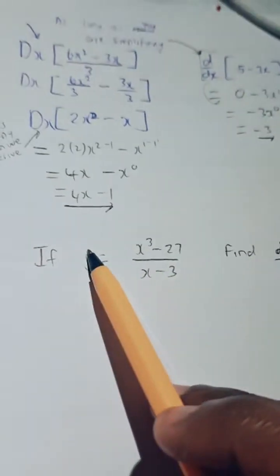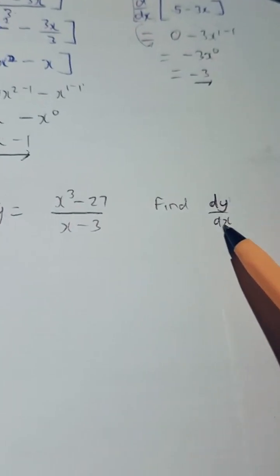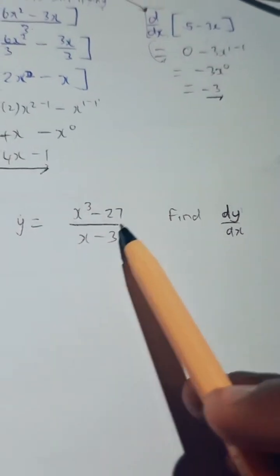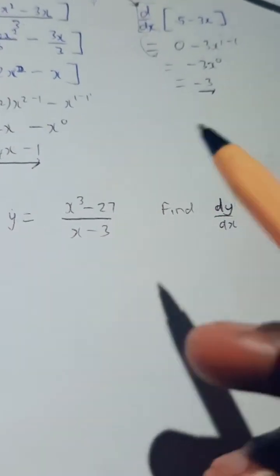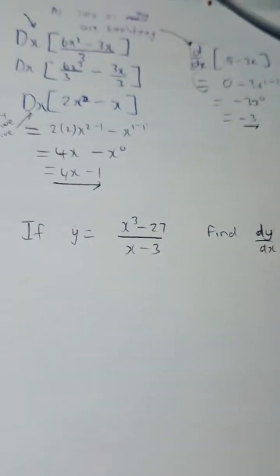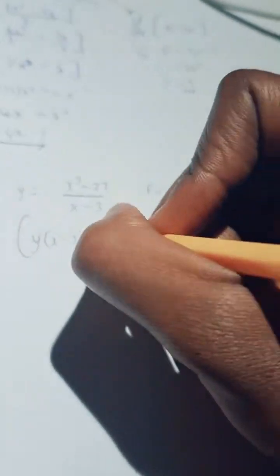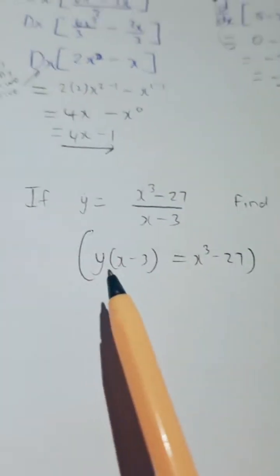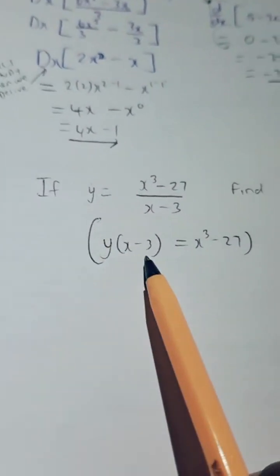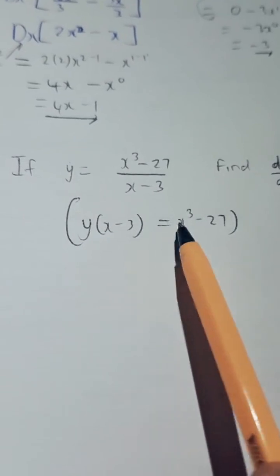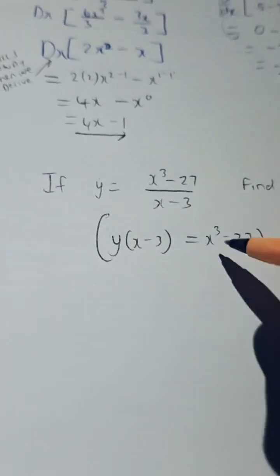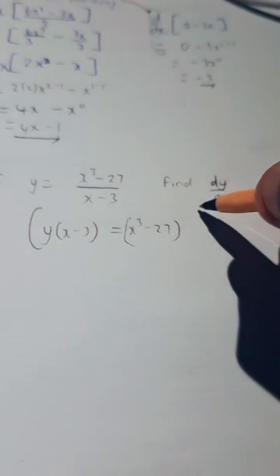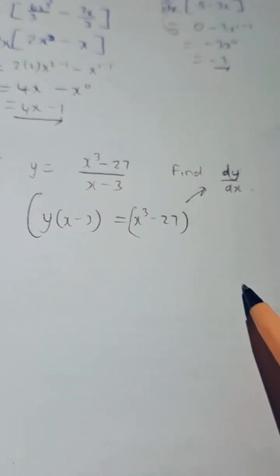The derivative of y with respect to x. So that means it is the variable x that I need to be simplifying. Now sometimes, guys, there's a trick. Sometimes they will give you a question like this. They will say, if y into x minus 3 is equal to x cubed minus 27, find dy over dx.